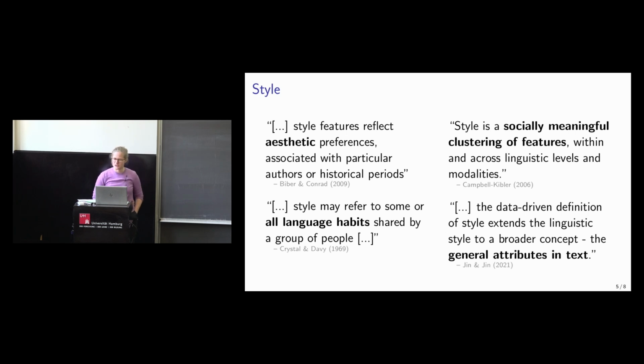And the kind of intuition that we stuck with is style should be, or can be anything that's not content, right? So we really wanted to exclude meaning from this and look at style in the form of different ways of saying things.